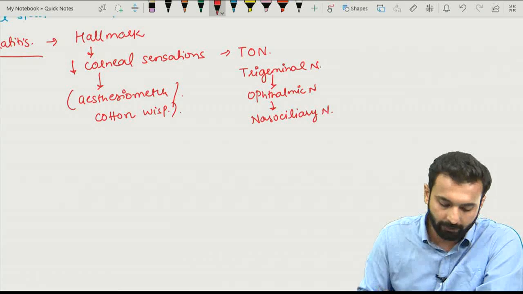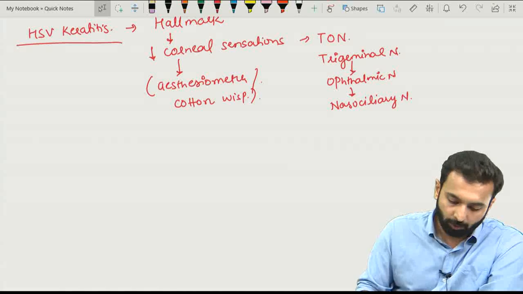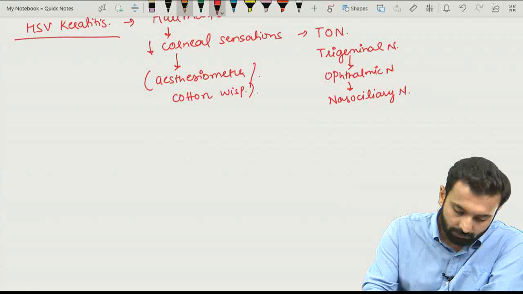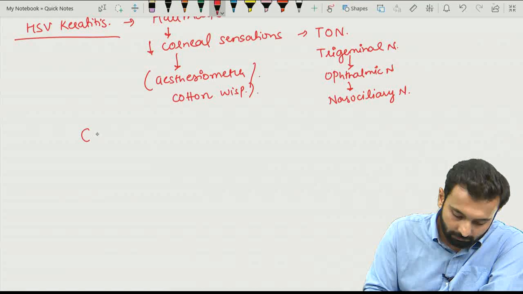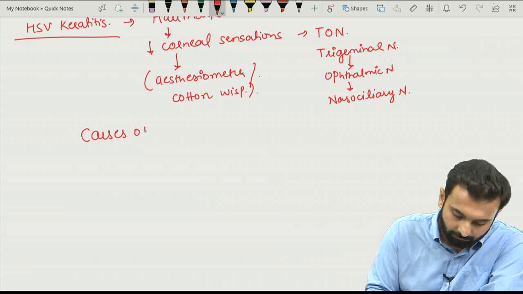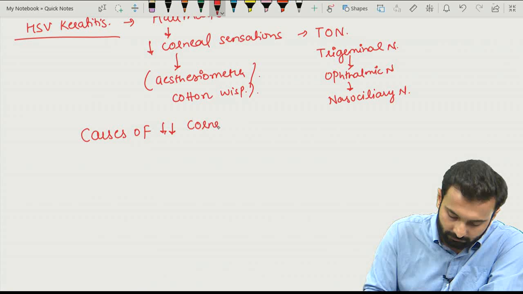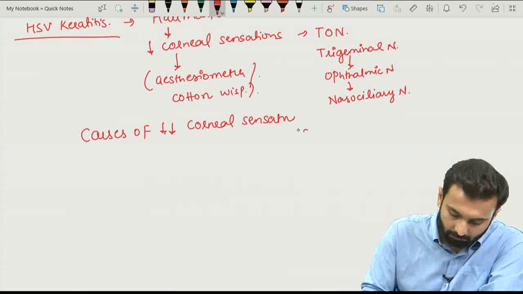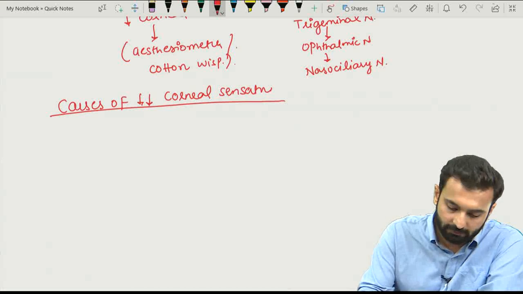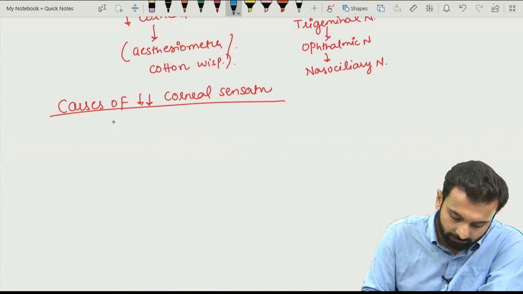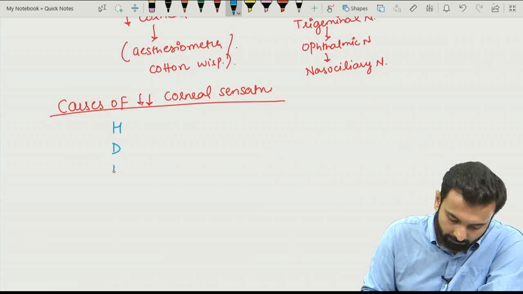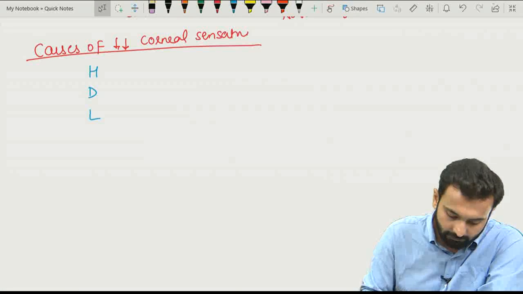So this is the nerve supply. The important thing is, in this question you should keep in mind the causes of reduced or decreased corneal sensations. To remember the causes, just keep in mind one mnemonic, that is HDL ACTS.